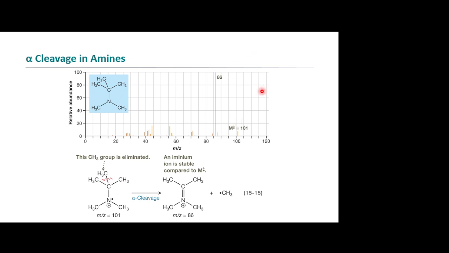What would be the next carbon in terms of mass? What's a methylene? CH2, 12 plus 2, 14. So that would be an additional 14 if you lose an additional CH2 with it.